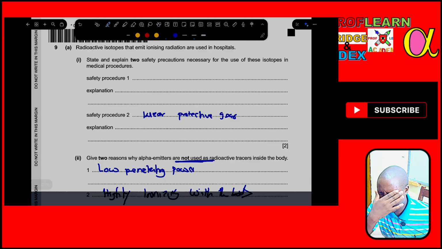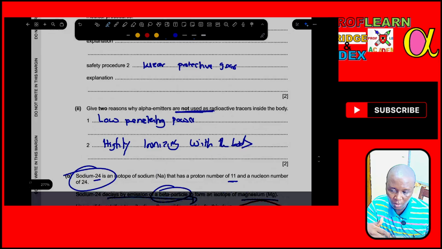You are not supposed to stay for long because the radiation will be absorbed into your body. Also, you can ensure that you operate those machines which emit radiation using remote controls.